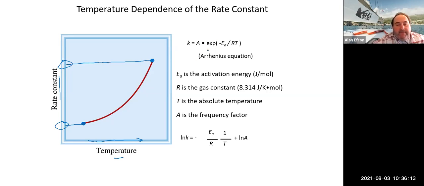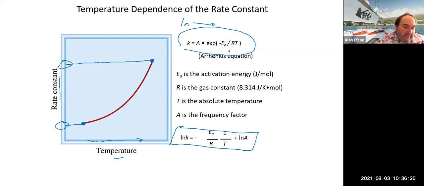Now, for the Arrhenius equation, a lot of times people will not use this version of it. They will actually use the natural log version, which is what we see here. Going through the top equation, taking the natural log gives us the natural log of k is equal to minus E of A over R, times 1 over the temperature, plus the natural log of A. This is basically the formula for a straight line.